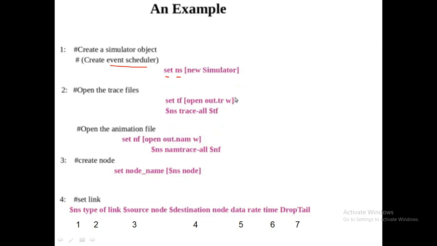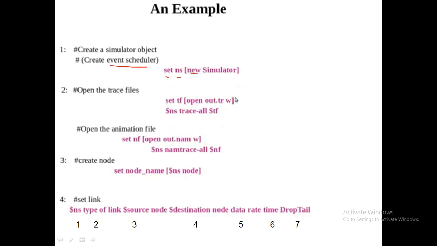We are using object oriented Tool Command Language. Initially we said it is an object oriented Tool Command Language. In object oriented languages like Java, you have used the keyword new.